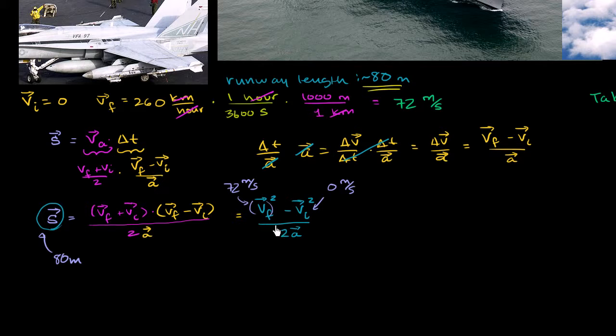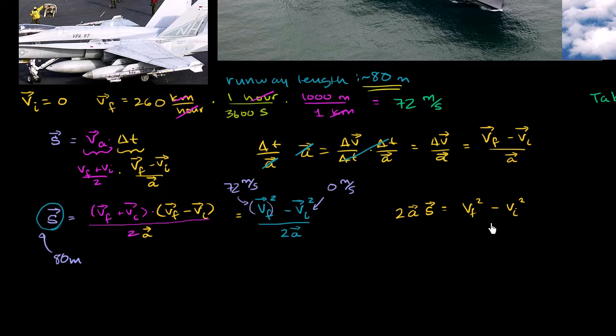But sometimes you'll multiply both sides times the 2a, and you'll get something like this, where you have 2 times the magnitude of the acceleration times the magnitude of the displacement, which is the same thing as the distance, is equal to the final velocity squared minus the initial velocity squared. Or in some books it'll be written as 2AD is equal to VF squared minus VI squared.